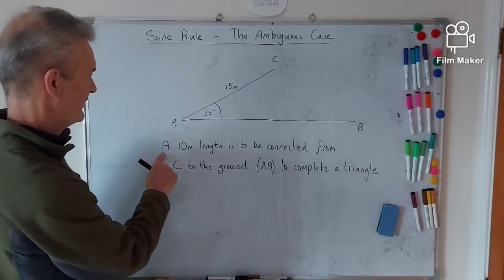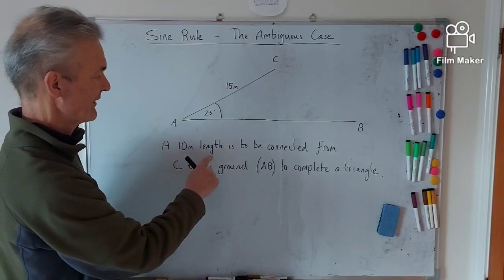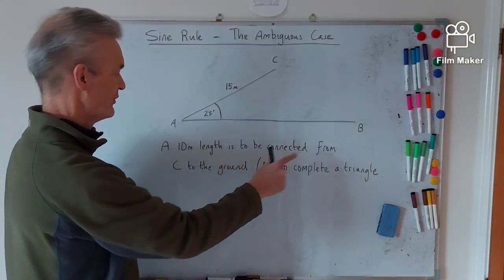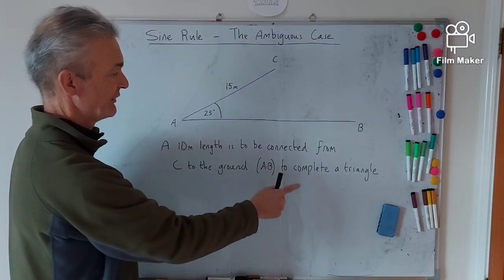We're told that we've got a 10-metre length to be connected from C to the ground AB to complete a triangle.